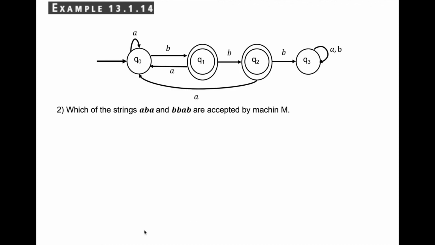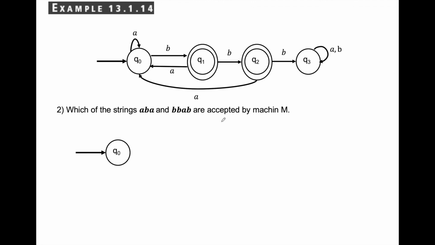Now, let's check whether ABA and BBAB are accepted by machine M. And how do we do so? We just take a string and check how the state changes as it goes inside the machine. And we will see where it is accepted and where it's not. So starting with the first string, which is ABA, we start initially with Q0.